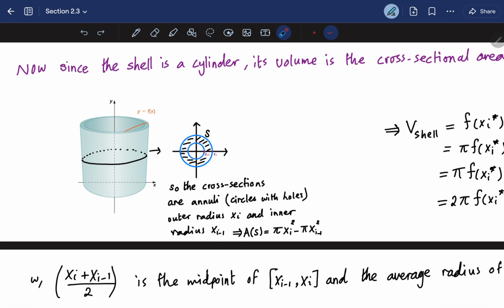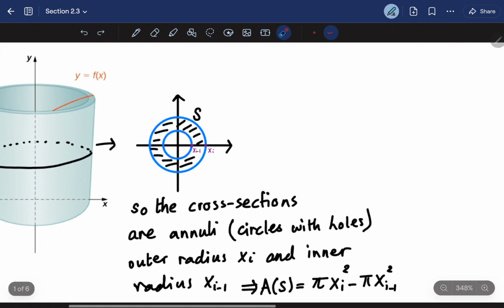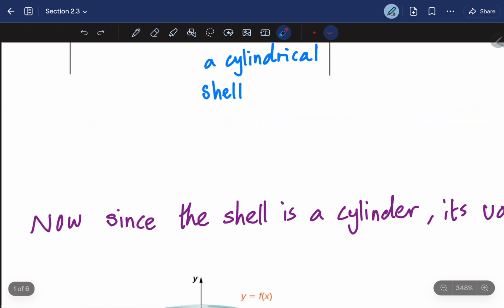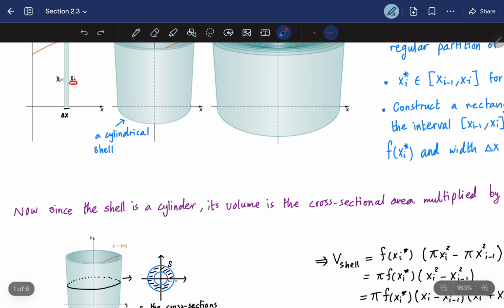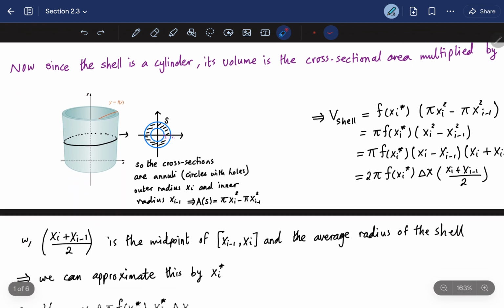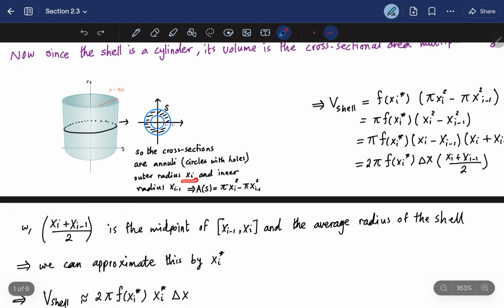So now the radius for the outer circle is just x i. Because if you look here, when you revolve it, the outer thing is just x i and the inner thing is x i minus 1. So that's why the radius for the outer is x i and the inner is just x i minus 1.